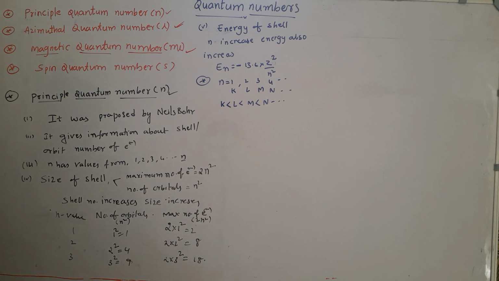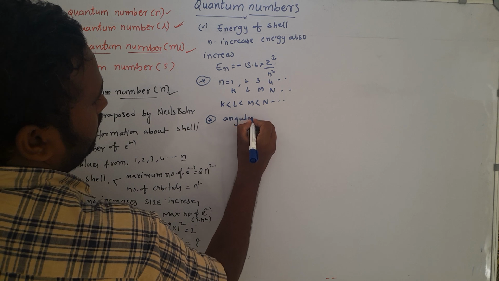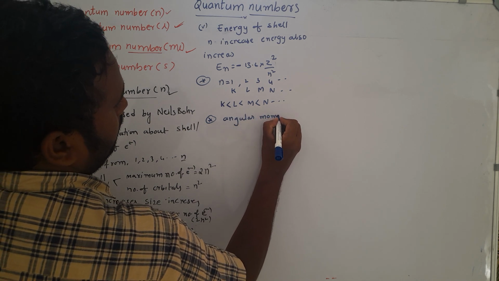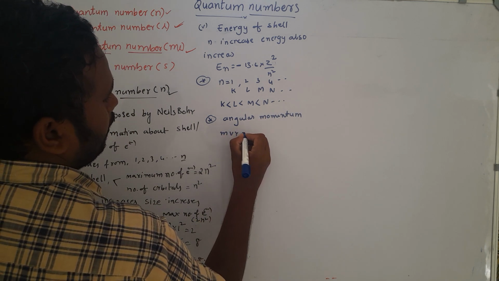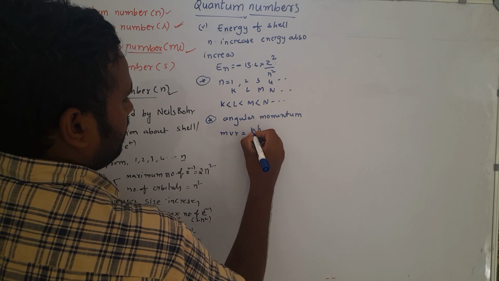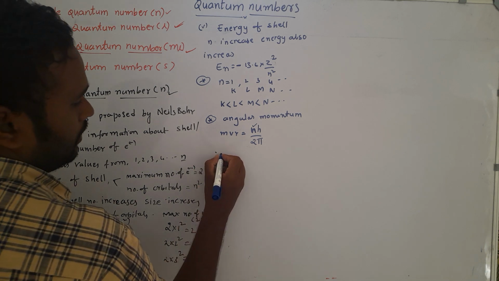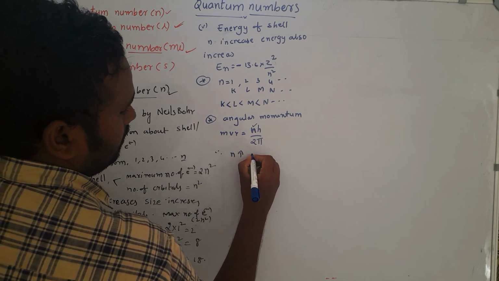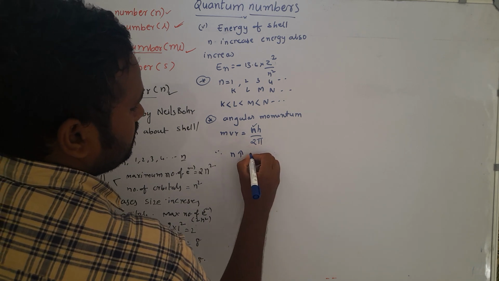and size also increases. Next, the angular momentum of an electron. Angular momentum mvr is equal to nh by 2 pi, where n is the principal quantum number, which means as n increases, angular momentum also increases.